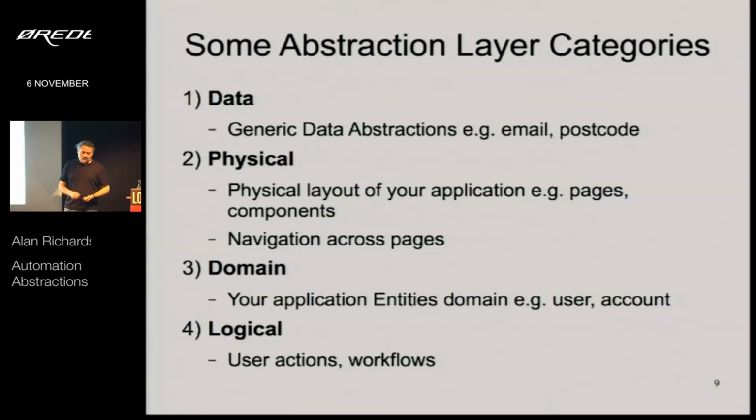So when I'm thinking about abstraction layers, high-level generic abstractions that I think about, I'm thinking in terms of the data that I'm using. So the raw data, like emails, postcodes. American postcodes are slightly different from UK postcodes. So if I want random generators for those, I think about them in terms of the actual data that we're using. I've got physical abstractions that map onto the application.